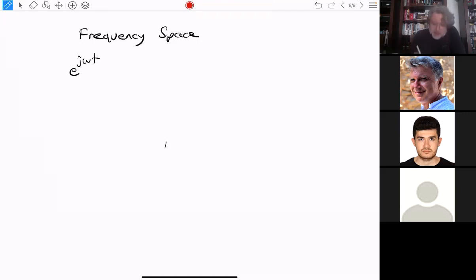This is the input to a system h, which is linear and time invariant, let's say. I'm talking about only one dimension. And the output is a constant which depends on the frequency only, times the same function. So doesn't it resemble this equation?